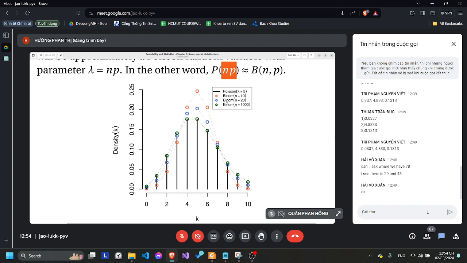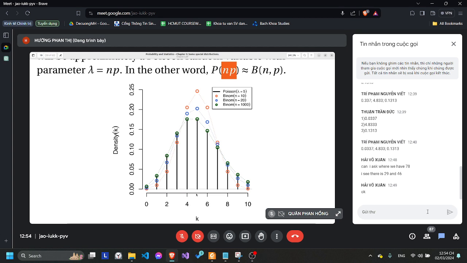Now, if we continue with the second binomial, where n equals 20, we increase n to 20, hence p will be reduced to 5 over 20. Look at the blue circles. Now, the blue circles are better than the red circles, but they are still far from the black bars.